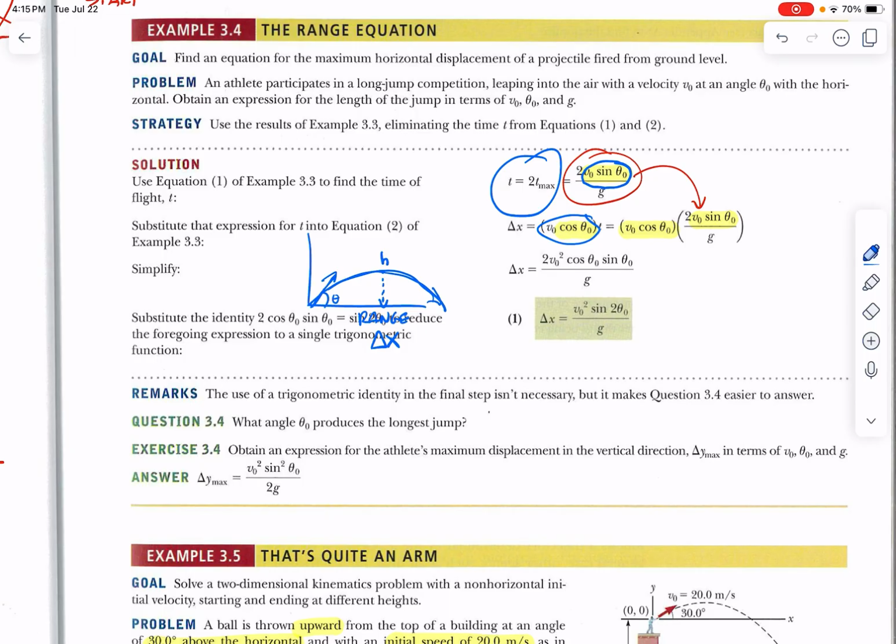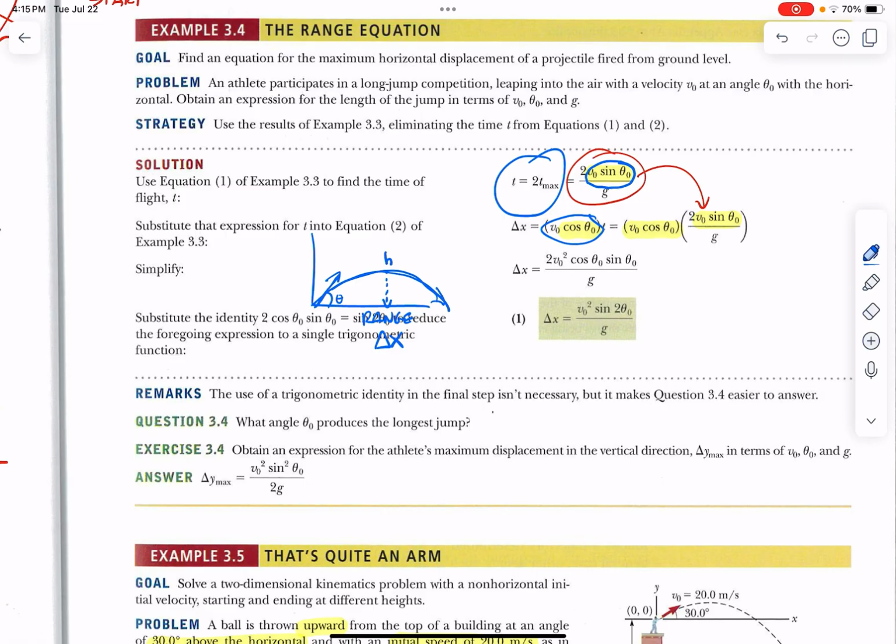Another thing we should point out is that the distance of the range, which is in the x-axis, is going to be my velocity in the x-axis times the time that it is in the air. That's where this equation right here comes from.